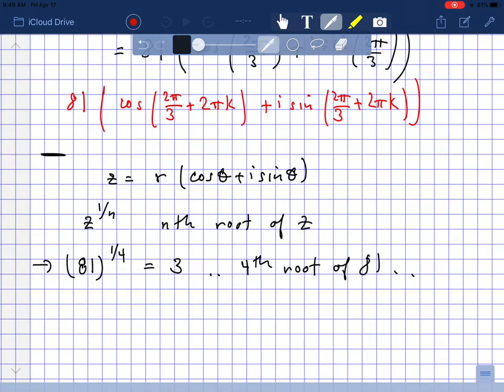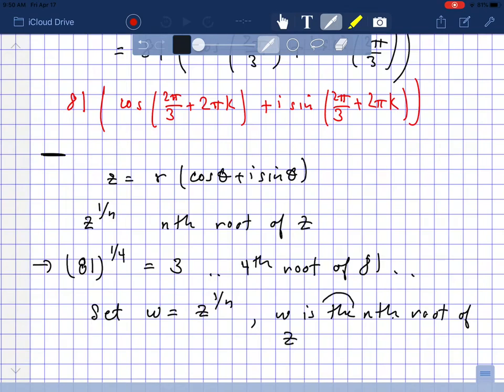Now, I'm going to set w equal to the complex number that represents the nth root of z, z to the 1 over n power. So w is the nth root of z.